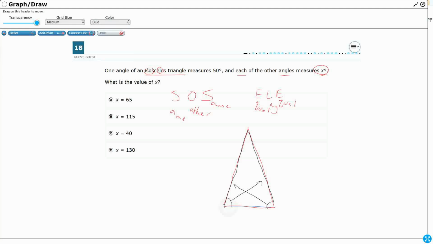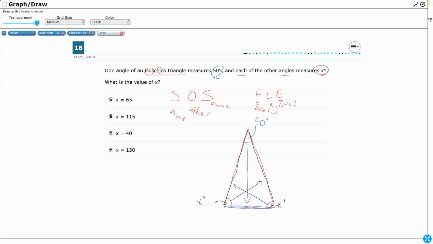So here is the short, here is the angle that's different. And they tell us that the angle that's different is 50. So this right here is 50 degrees, which means the other two are going to be x. So let's put x degrees right here, and let's put x degrees right here.